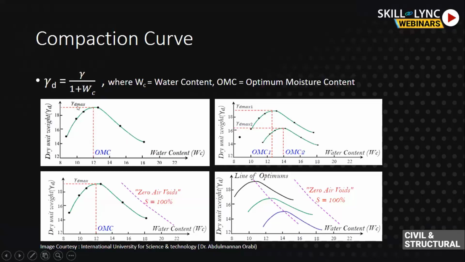So we need to determine the optimum moisture content, also called OMC, which is one of the important aspects of compaction.